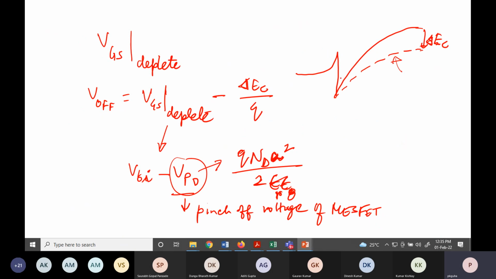Because this quantum well or this notch, we will discuss later when we discuss the quantum effects of nanostructures. We will see that in this notch there will be discrete energy levels, and these discrete energy levels will have electrons, and those electrons have wave nature. So these waves will go beyond this notch.